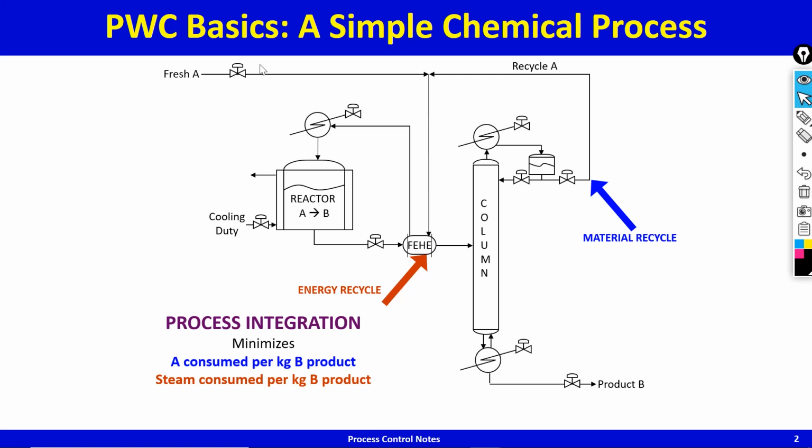So while this is good from the steady state profitability point of view, what recycle does is it creates two-way interaction, because the recycle can feed the disturbance back into the process, can feed a transient back into the process, and that makes operation and control a challenging issue, which is why plant-wide control is not very well understood by anybody, or is very often misunderstood.